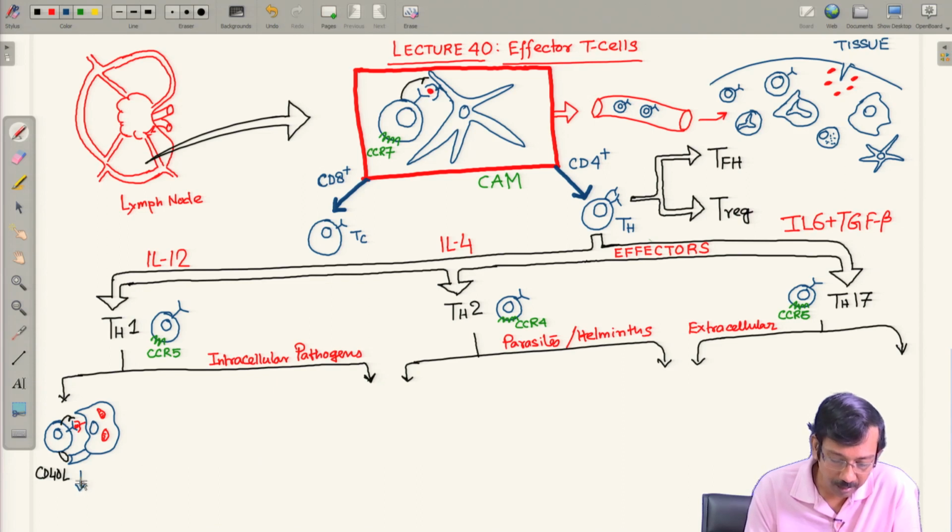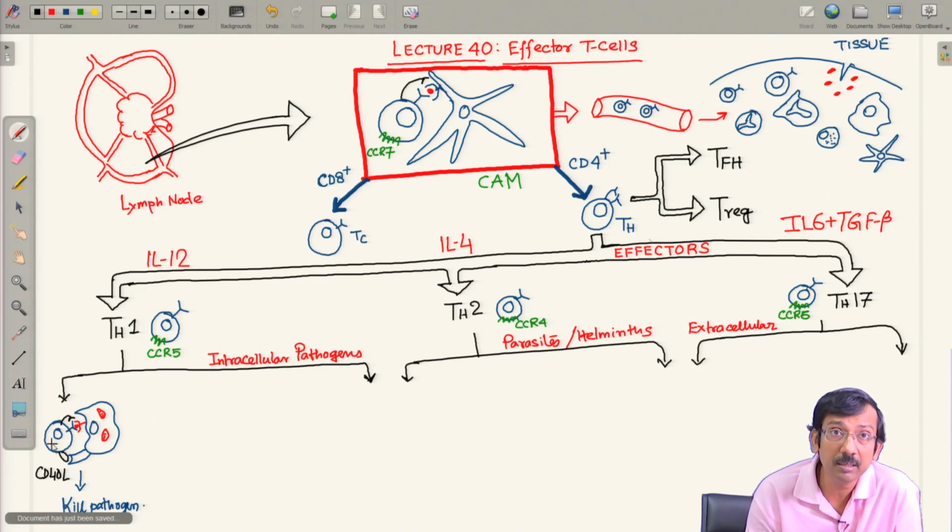So, they now kill the bacteria or the pathogen, primarily the bacteria, more efficiently. And one of the major signaling events in this entire process is that these T cells start to release a specific cytokine which is known as interferon gamma.